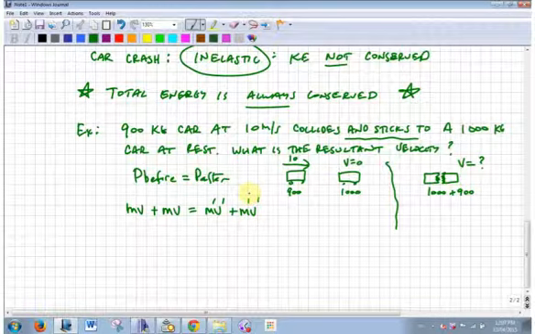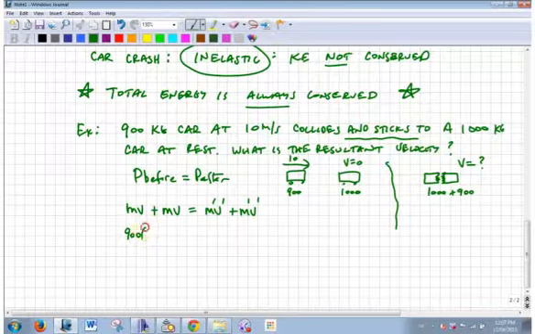Okay? But that's 900 times 10. What's the speed of the second guy?